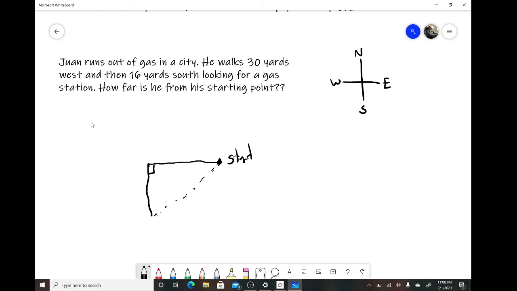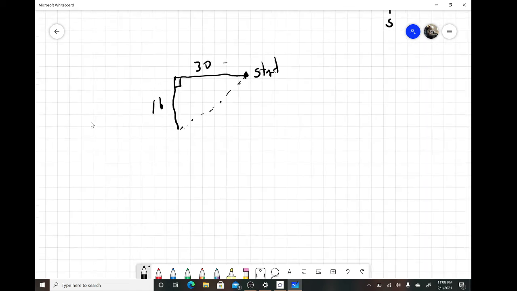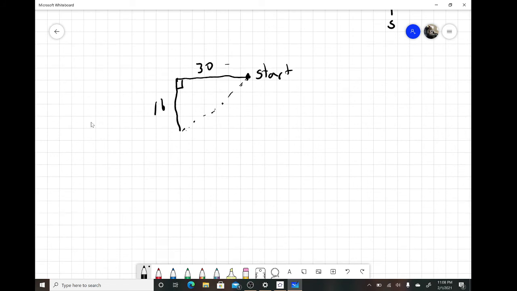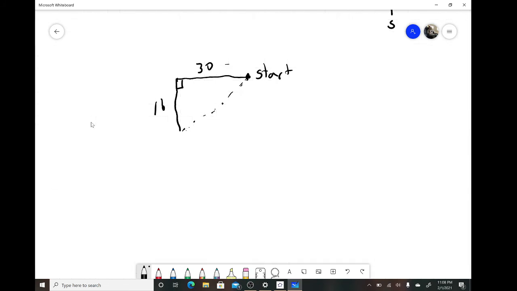So this boils down to a simple problem of the Pythagorean theorem. Because by walking in this manner, and comparing to the point that you began, you actually have a right triangle. If you don't remember, the Pythagorean theorem says that in a right triangle, the sum of the squares of the two legs equals the square of the hypotenuse.